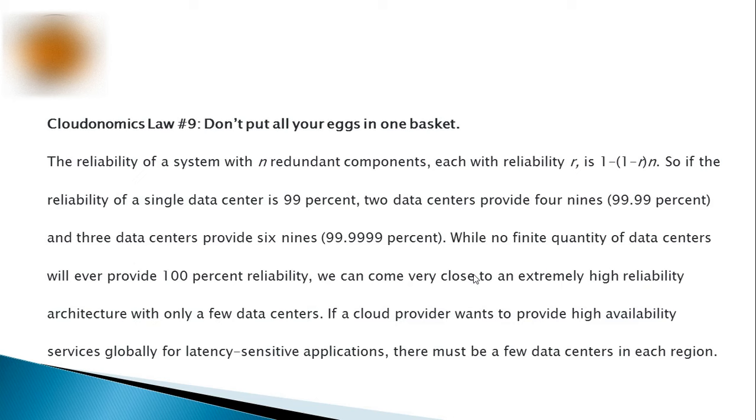It will always remain 99 point something, but it will never touch 100. So when you try to move towards the highest availability, you still need a very huge number of data centers.